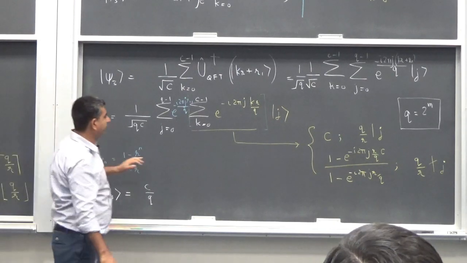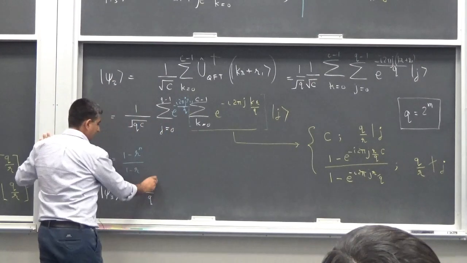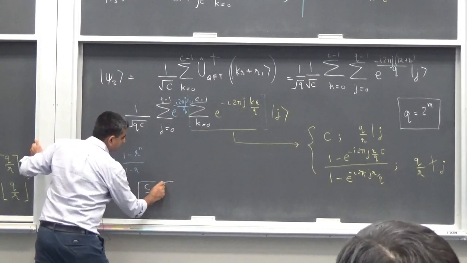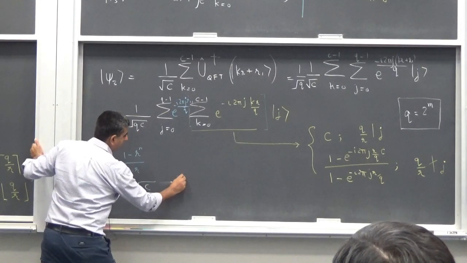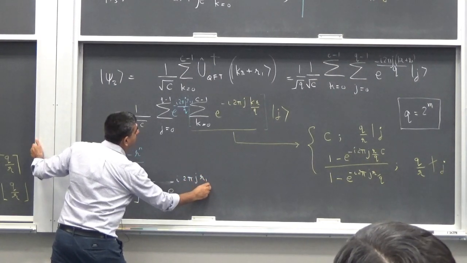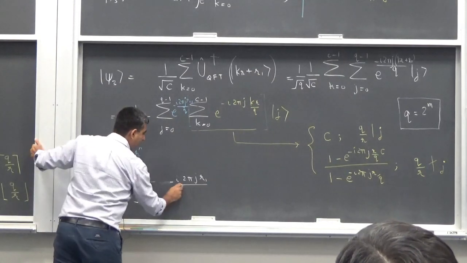So I get C here, don't I? C, ket j, power 1.